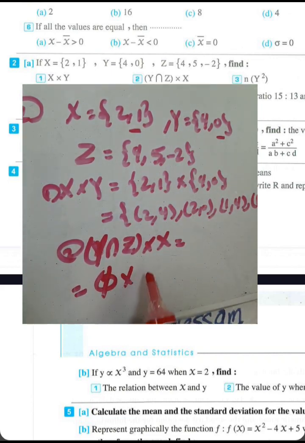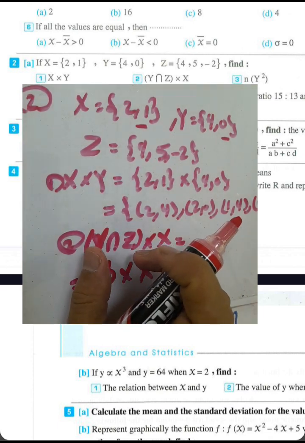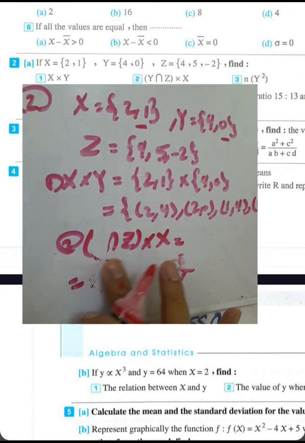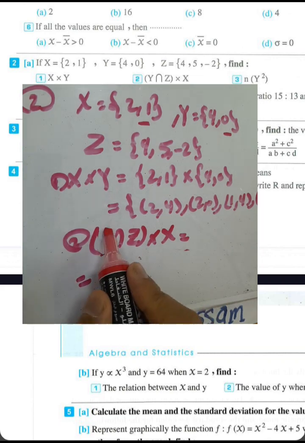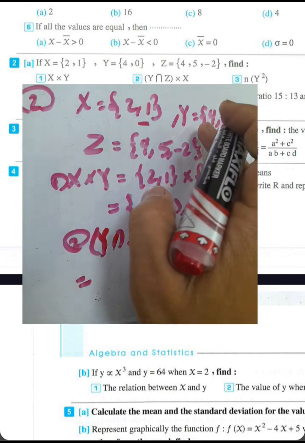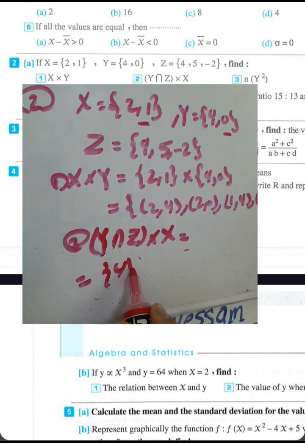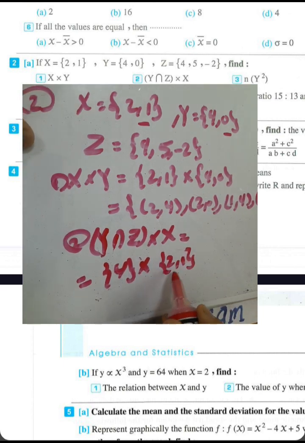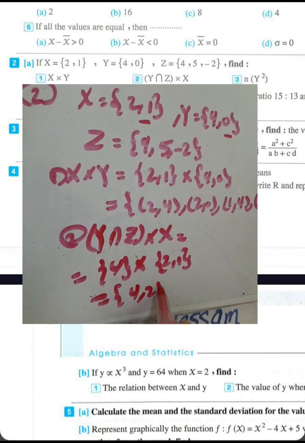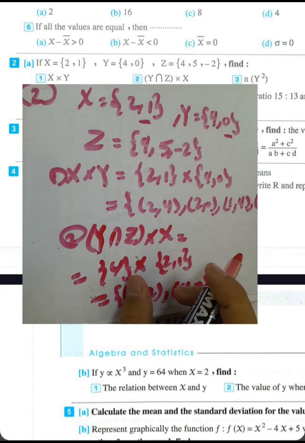Okay, Cartesian by x it will be null set phi, because we haven't a number between x and z, but he wants to find it was x or y, it was y and z. Okay, y and z, the intersection between them equals 4. Cartesian product with x, 2 and 1. You can write the orders 4 and 2 and 4 and 1. Okay, 4 and 2 and 4 and 1.